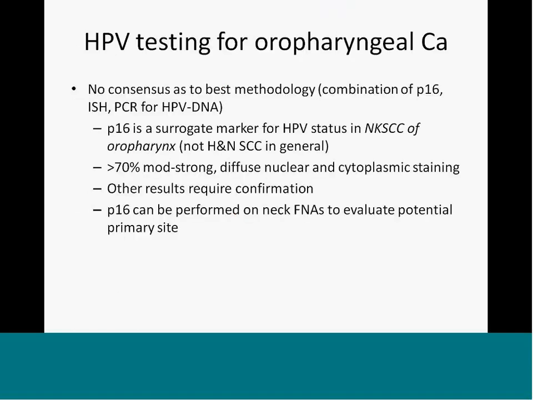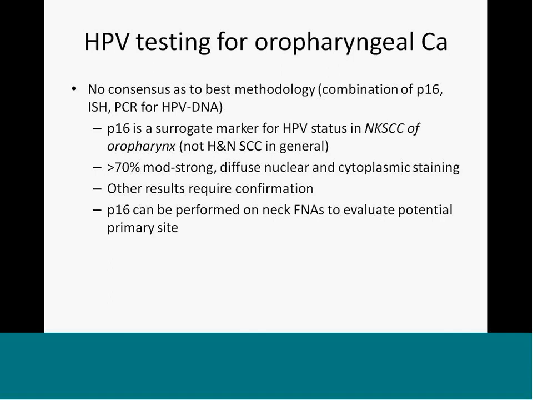So there's really no consensus as to the best methodology for HPV testing in oropharyngeal carcinoma. Typically, people use a combination of P16, in situ hybridization, and PCR for HPV DNA.